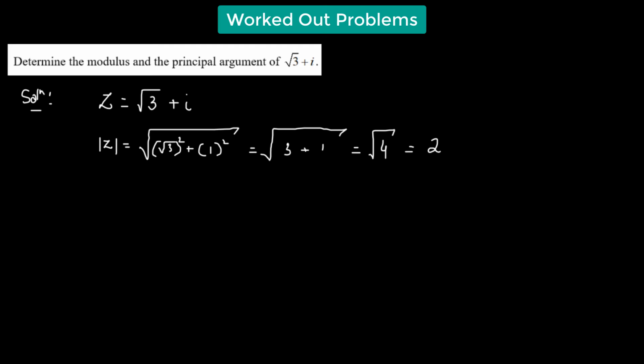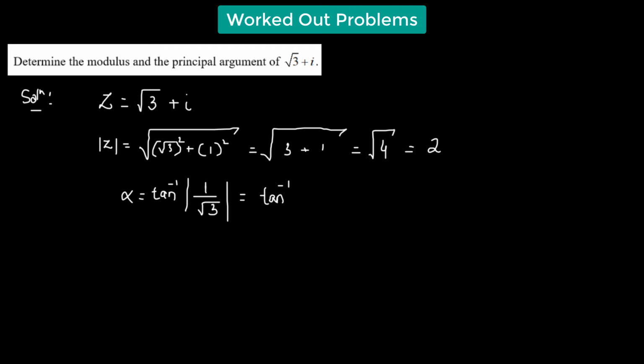Now we try to find out the principal argument. Before that we have to find out the acute angle alpha, which is given by the tangent inverse of the absolute value of the imaginary part, which is 1, divided by the real part, square root of 3. Now we have tangent inverse of 1/√3.